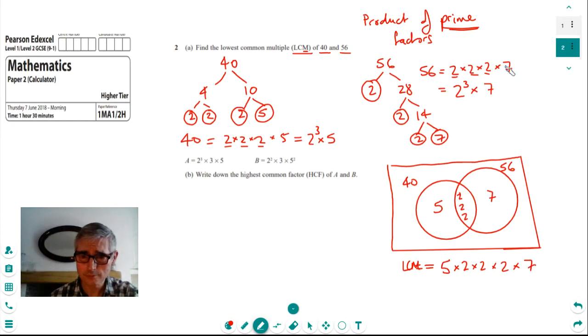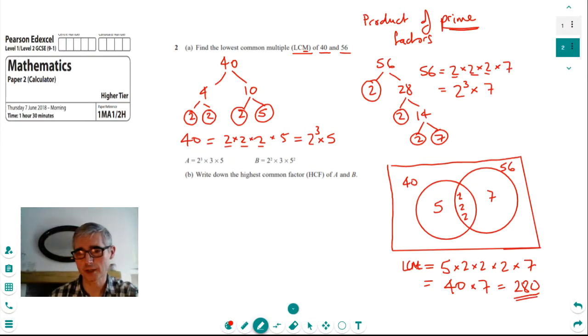And if we multiply them together, we've got 5, these 3 2s, 2 to the power 3 is 8. 5 times 8 is 40 times 7. And obviously we're on the calculator paper, so you could just put all these straight into your calculator. And 4 7s is 28, and add the 0 on because it's 40.